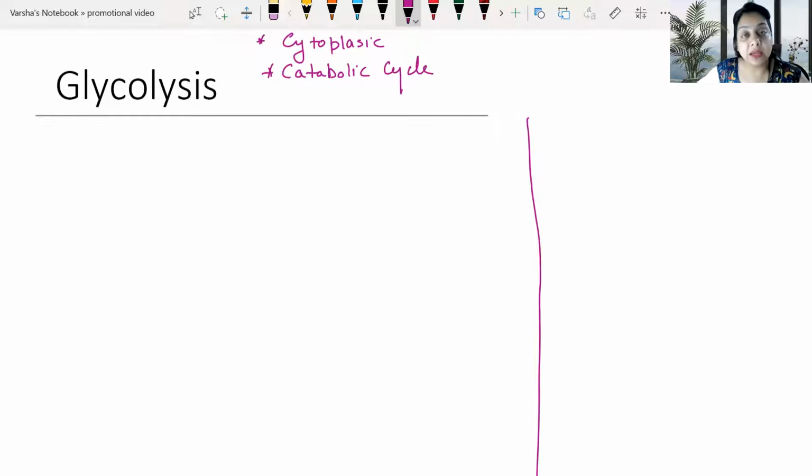What is the starting substrate? The substrate is glucose. It starts with glucose, and the end product you get is pyruvate, or sometimes in anaerobic conditions you get lactate.